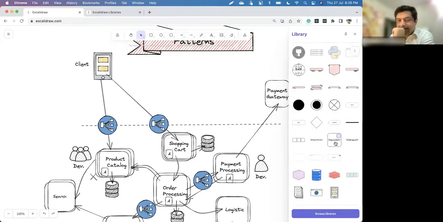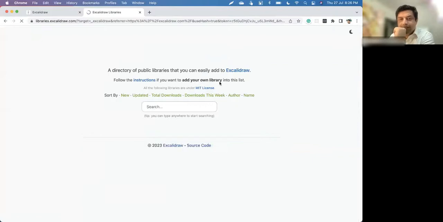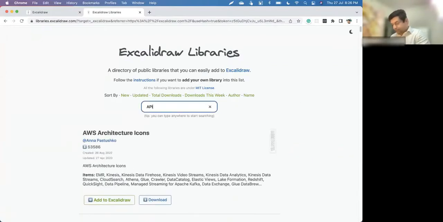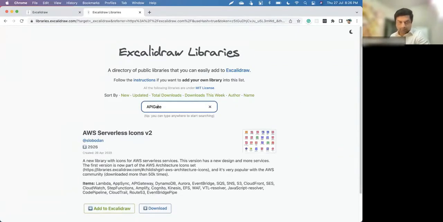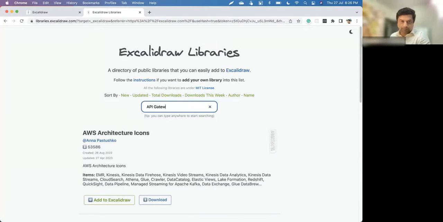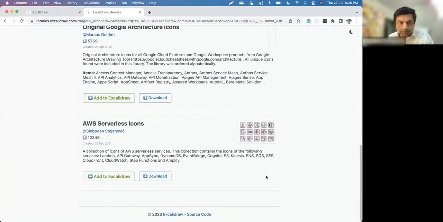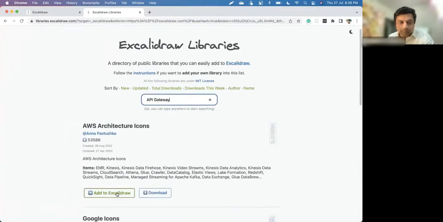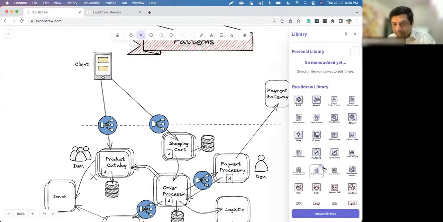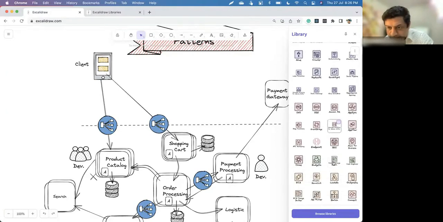Let me get the API gateway here also. Let's say from here we get the API gateway. Our API gateway was like a gate.